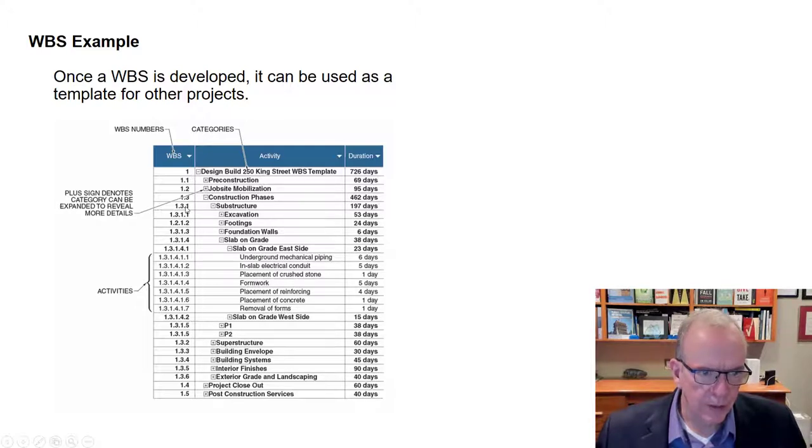So you have a numbering system that you can follow through the WBS, and you can customize this in most software programs. And so then it's following down through that numbering system, and then everything under 1.3 would be 1.3 something. So this is like 1.3.1, and this would be 1.3.2.